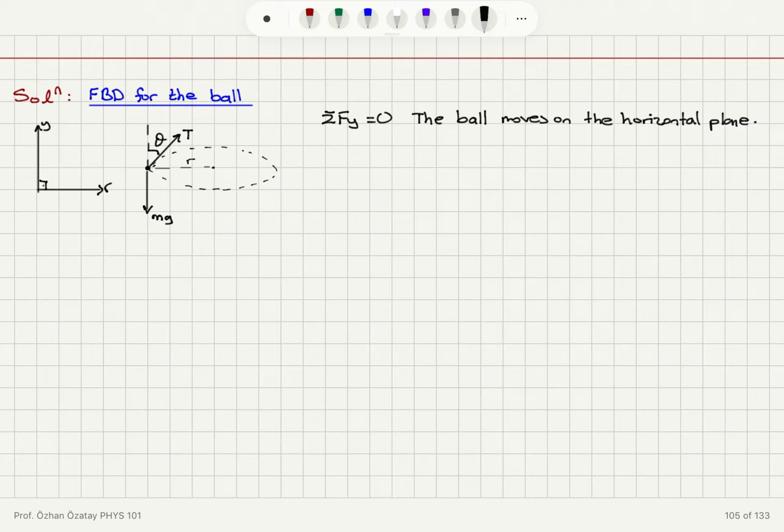So what is the net force on the y-axis? It's T cosine theta minus the weight mg. So this must be equal to 0. Therefore, I can see that the tension is mg, the weight of the ball, divided by cosine of the angle theta.